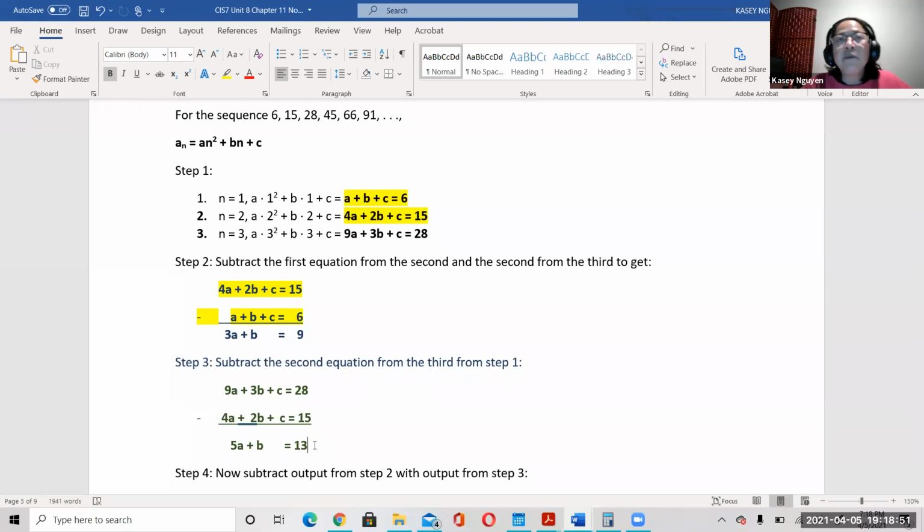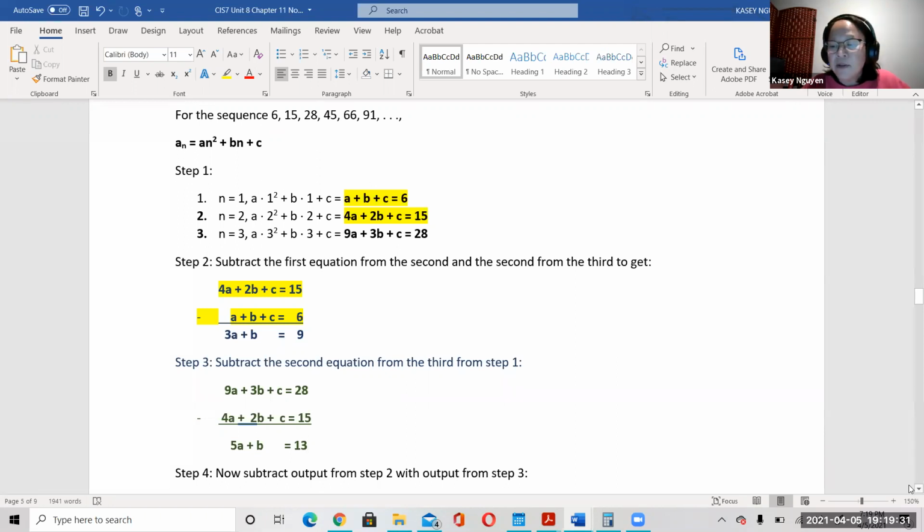Then after that, we have to find the second level difference by subtracting these from each other, then narrow down to a variable, solve for that variable, plug it in, solve for the second variable, then plug it in and solve for the third variable. So our objective when we find the level of differences is what? Coming back to earlier in the page, it says for you to solve for ABC. Once we solve for ABC, we can put together an equation that would represent a of n or f of n.